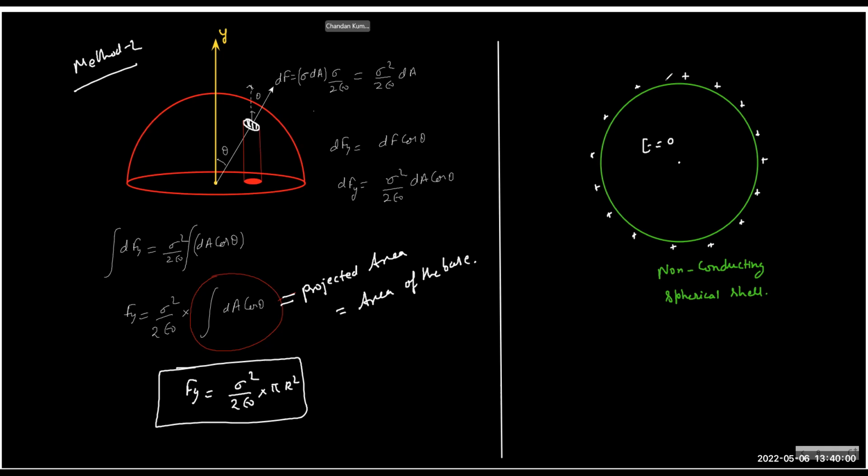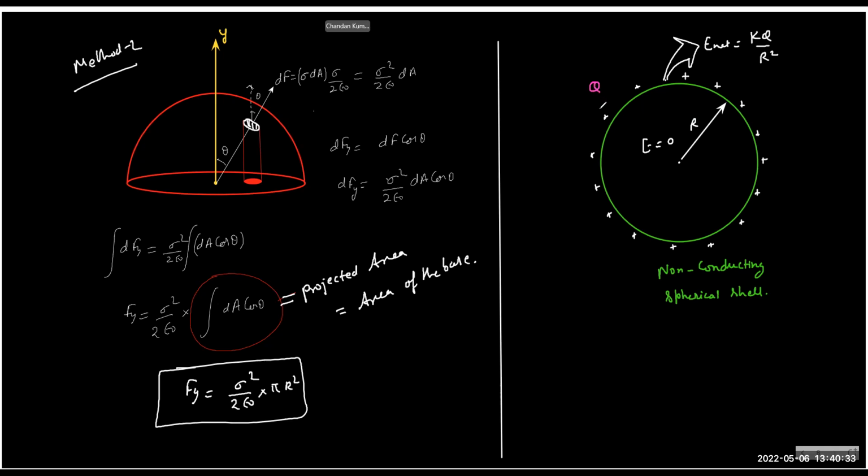And what is the net field just outside the surface? KQ by R square, the formula of electric field, no? It's like a point charge. Even if you don't know, all the charges are concentrated at a point.